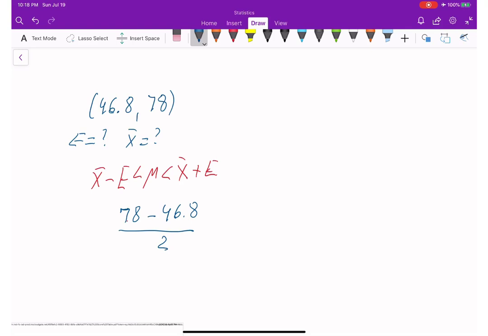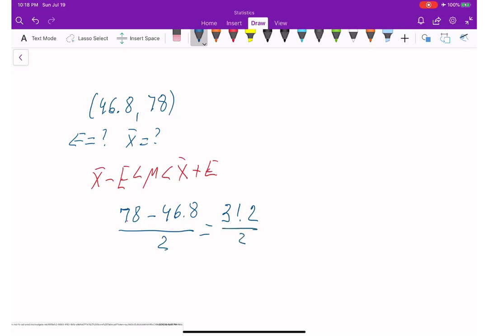So estimated, not precise. And then find the sample mean. Okay? So estimated margin of error is the length of the interval divided by 2, which is going to be 78 minus 46.8, that is going to be 31.2.